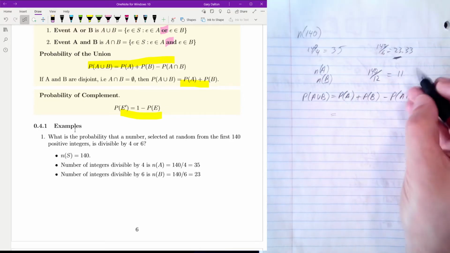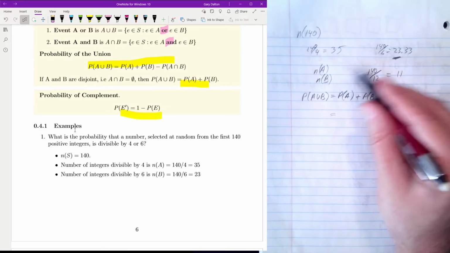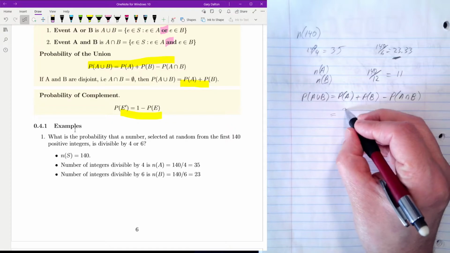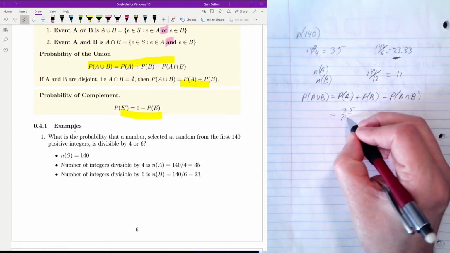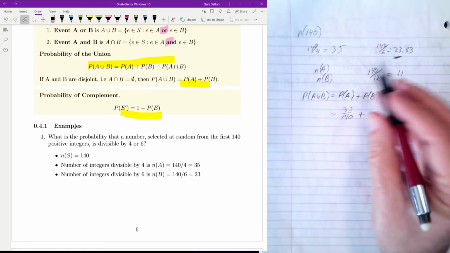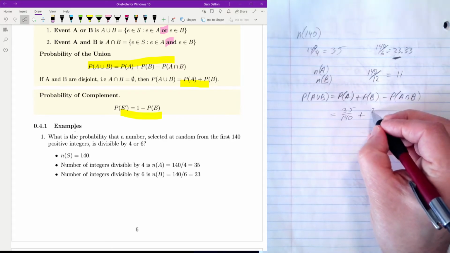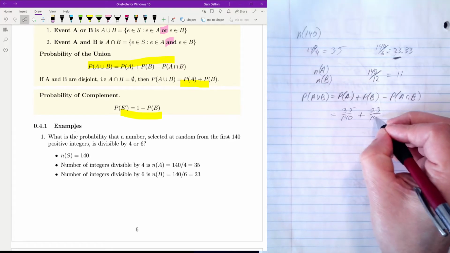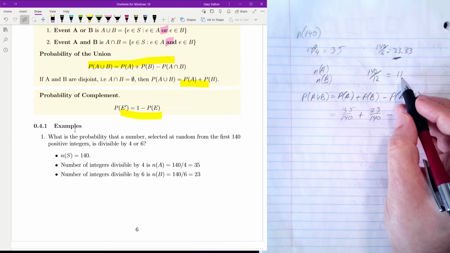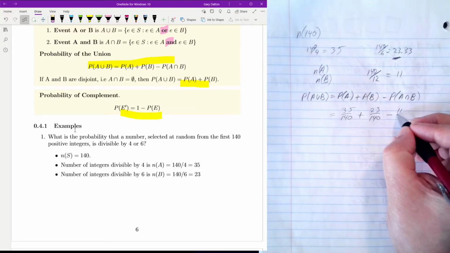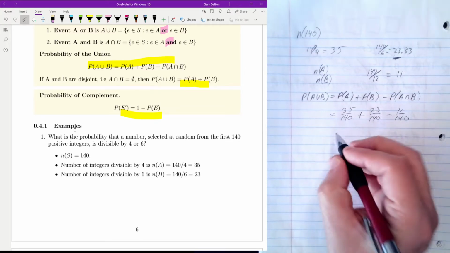So we have A is 35 divided by 140 plus 23 divided by 140 minus 11 divided by 140.